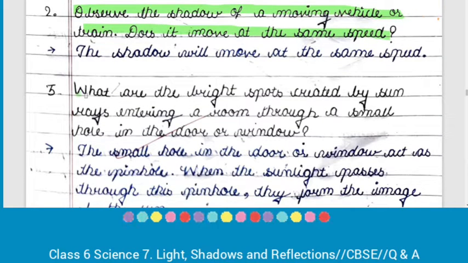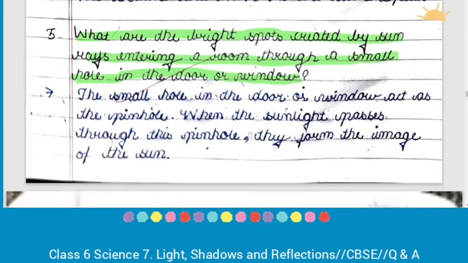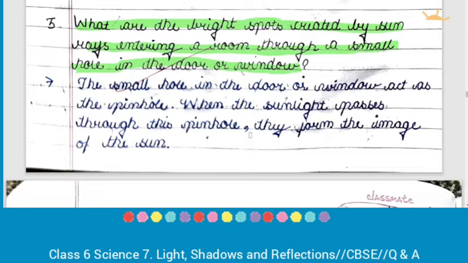Third question. What are the bright spots created by sun rays entering a room through a small hole in the door or window? Answer. The small hole in the door or window acts as the pinhole. When the sunlight passes through this pinhole, they form the image of the sun.